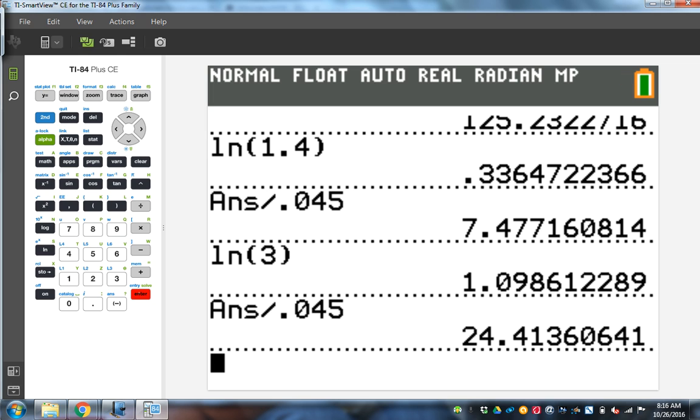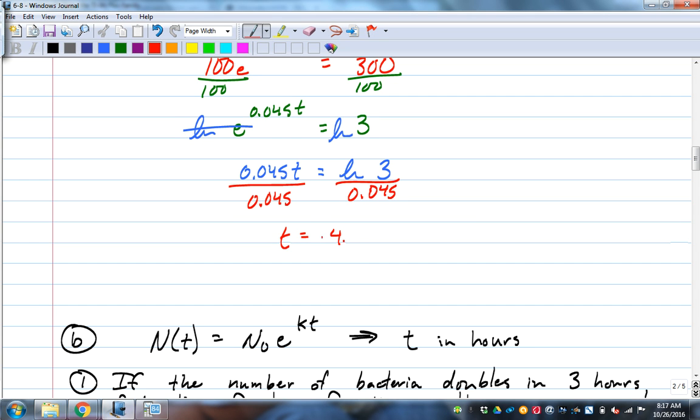Remember the 0. Not 4, 24. Yeah, 41. Almost 24 and a half days to triple the population. And we're assuming that none of the population dies in that time.